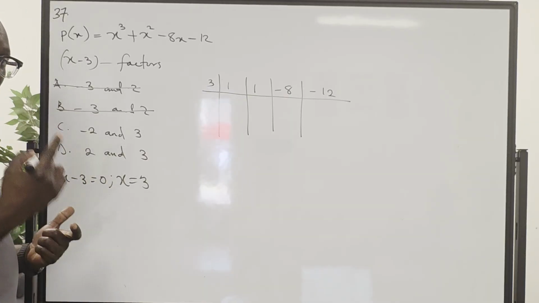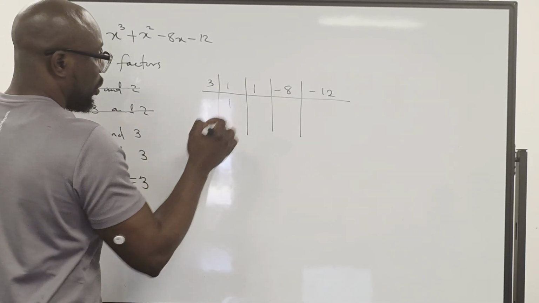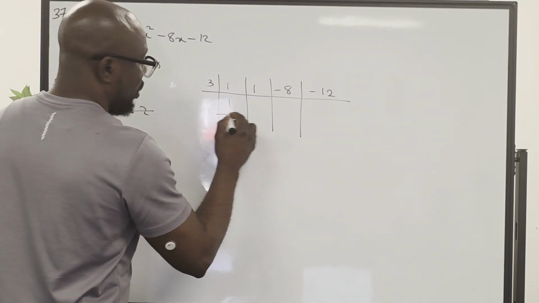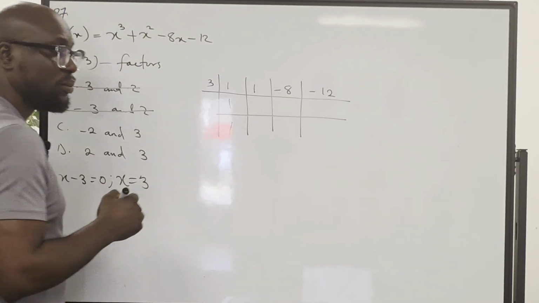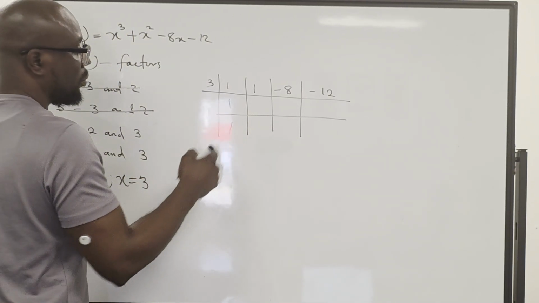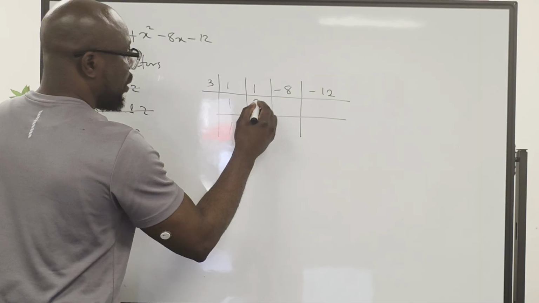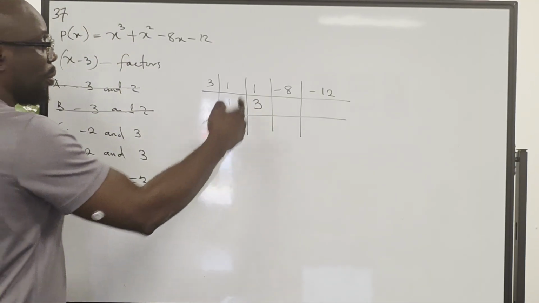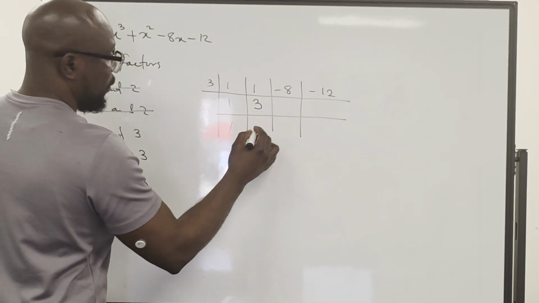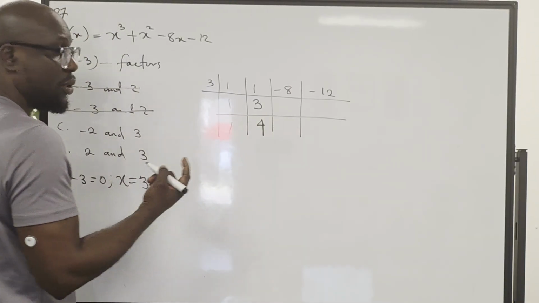So what we're going to do, we're going to drop this 1, and then write 1 right here. And then we say 3 times 1 is 3, so we put 3 right here. And then you add: 1 plus 3 is 4. So that's how you do it.